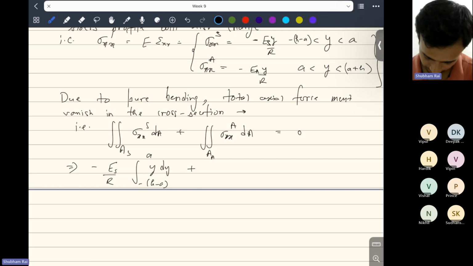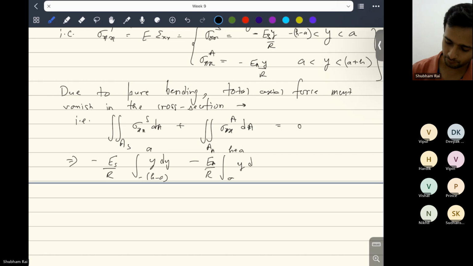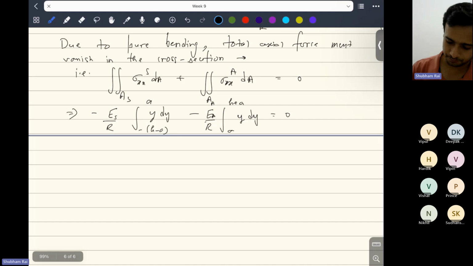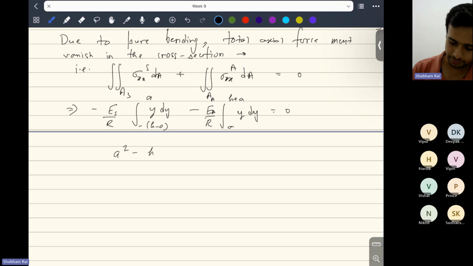Anyway, and this is going from a to h plus a, and this will be minus of Ea by r, and y dy, so that will go to 0. So if you now try to solve this, here you get y square by 2. So it means you get a square minus h minus a square, right?